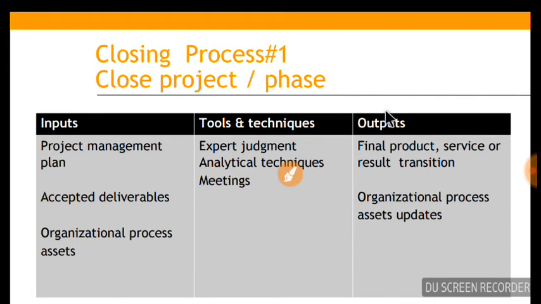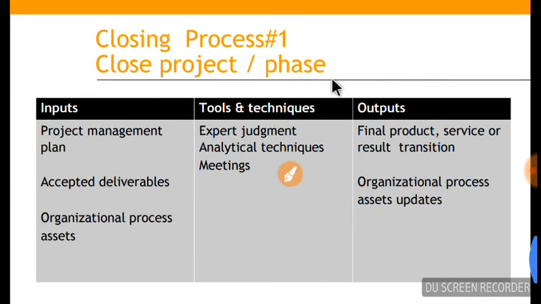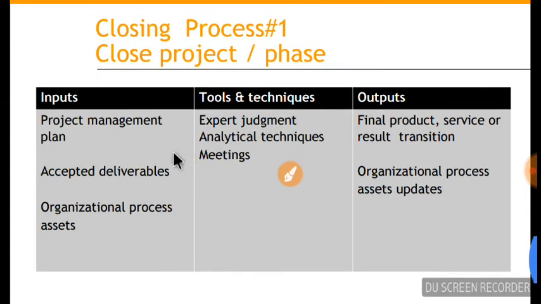The first process is close project or phase. On the input side we have the project management plan, which was the output of the planning process group, and then the accepted deliverables. That means at the end of execution we will have a set of accepted deliverables: tested, verified, accepted.